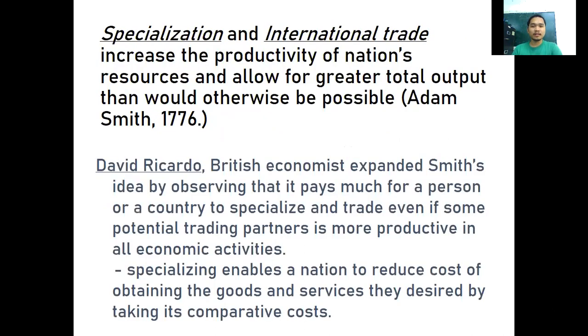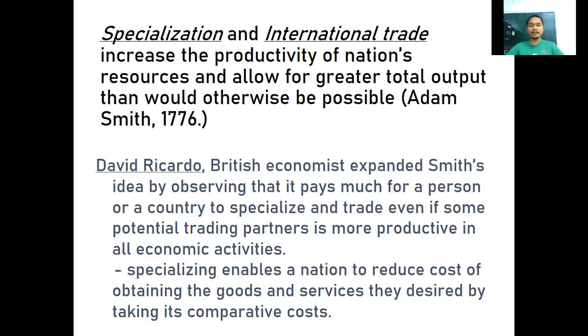So specialization and international trade increase the productivity of a nation's resources and allow for greater total output than would otherwise be possible, according to Adam Smith, 1776.